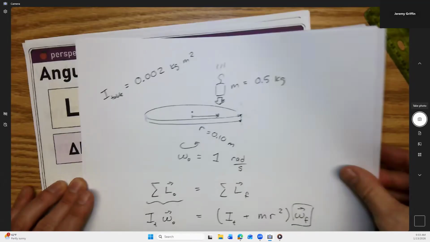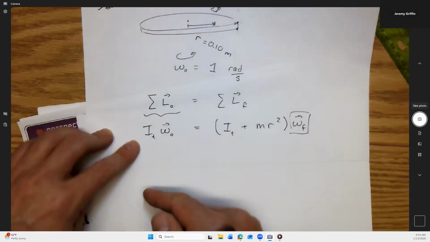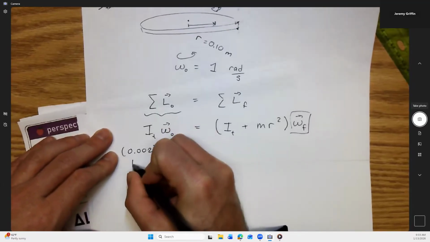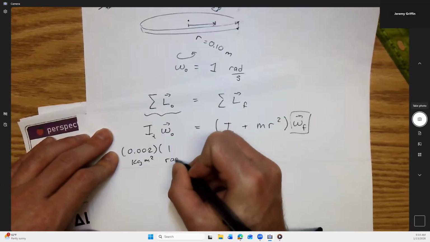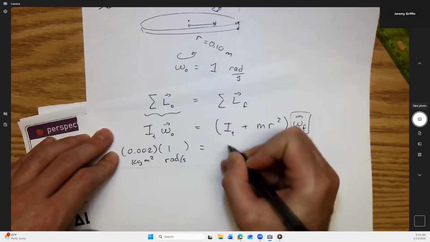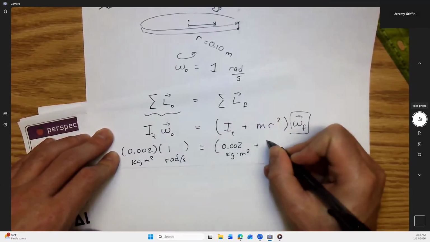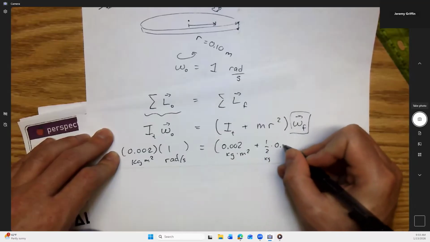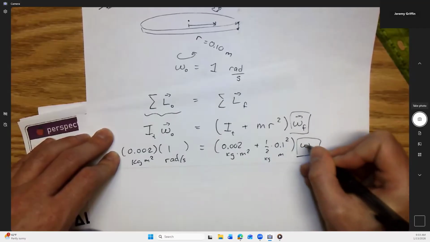Let's throw some numbers in. I think we got just enough time to get an answer. So for I of the table, I was calling that 0.002 kilogram meter squared. I was saying let's rotate that at 1 radian per second. And then I got 0.002 kilogram meter squared here, plus a half a kilogram times 0.1 meters squared, then omega final we're going to solve for.